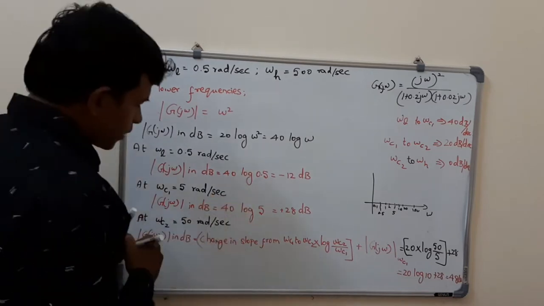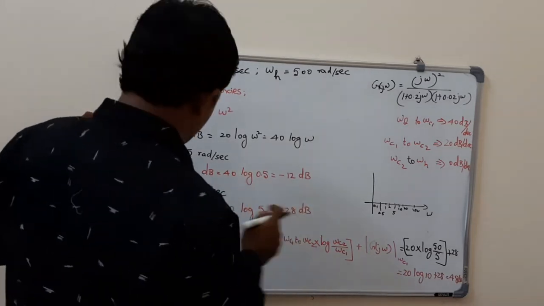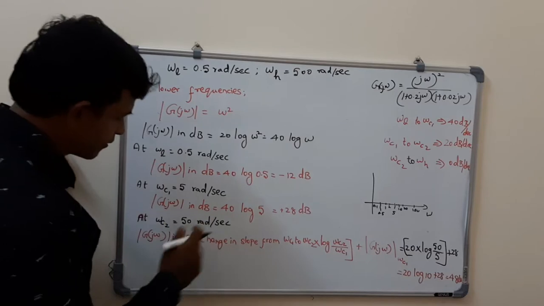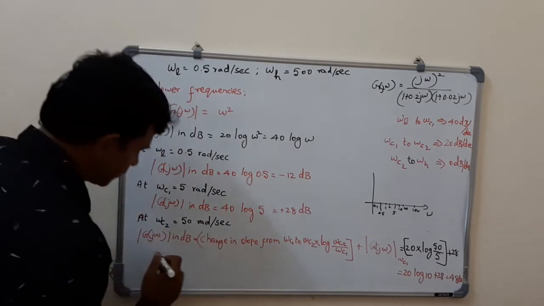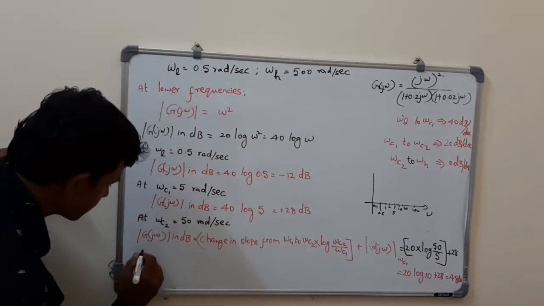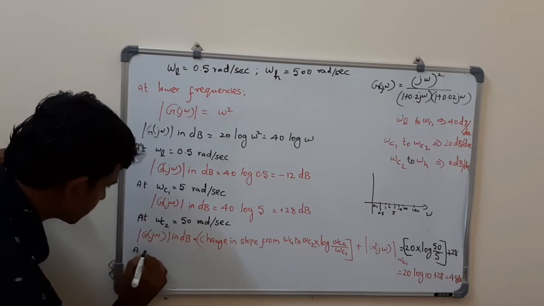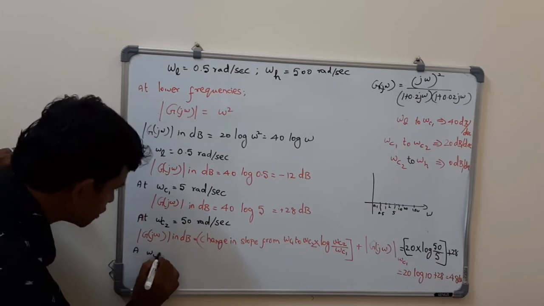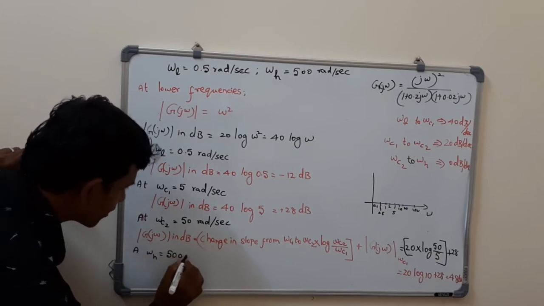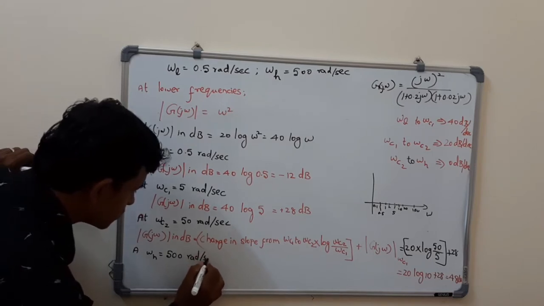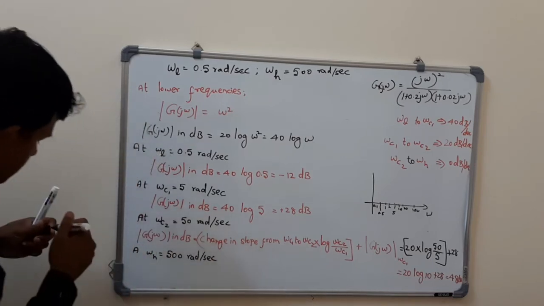Now we are going to find the value of G of j omega in dB at 500 radians per second, at omega h equal to 500 radians per second.